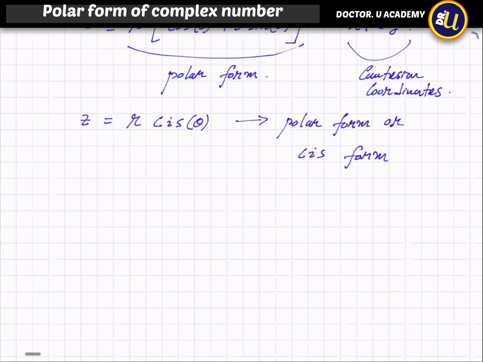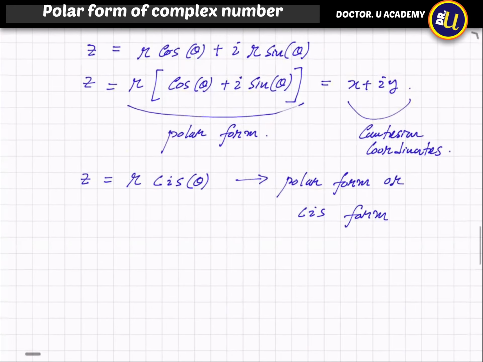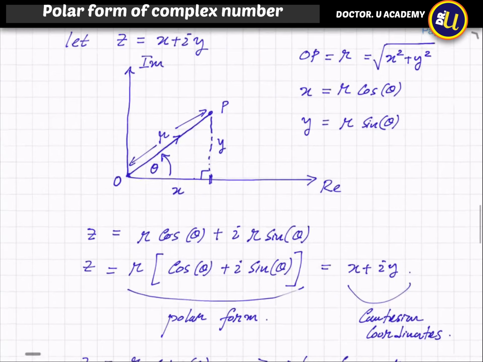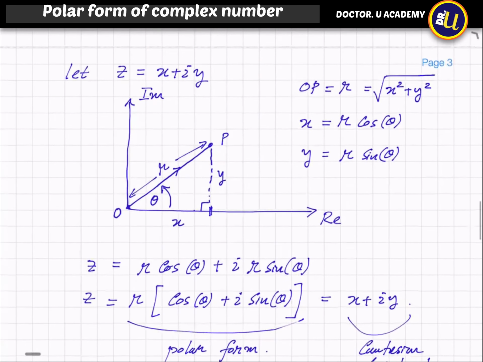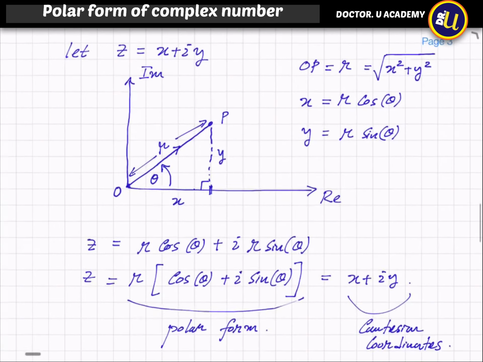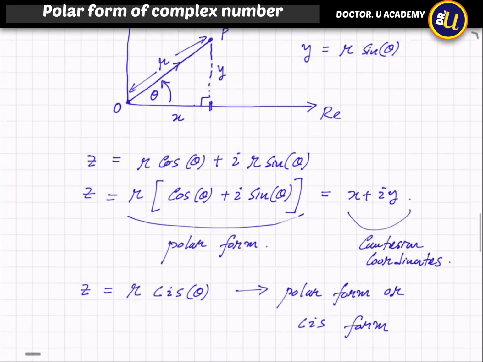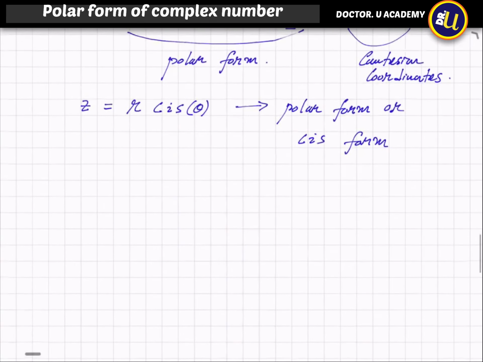So now here we found r, right? So r is the distance from origin to the P point. So that P point represents the complex number. Now how to find r?